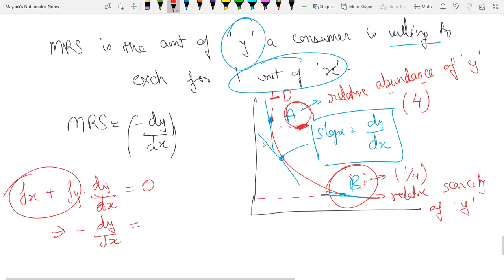So you can rearrange this thing to get fx by fy, and fx is nothing but del f by del x, and fy is nothing but del f by del y.